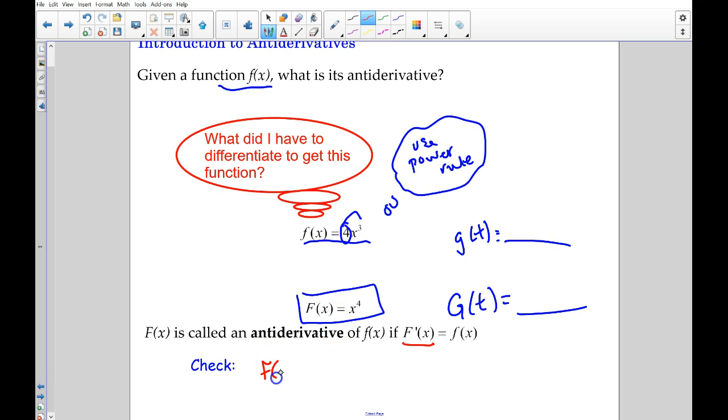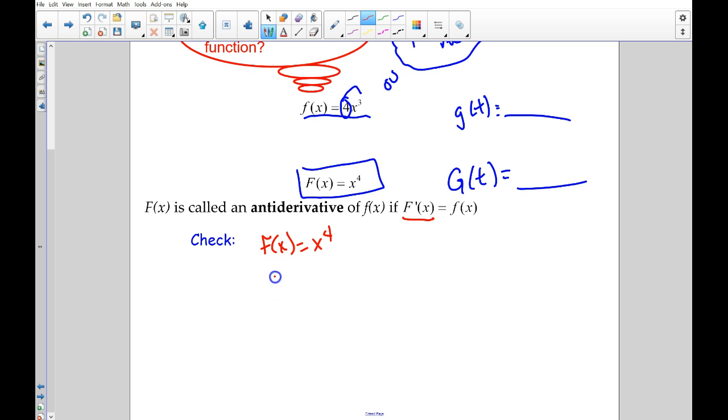So f of x we said was x to the fourth, and to check that this is indeed the antiderivative, I want to compute f prime of x, the derivative of this. If I differentiate this, then via the power rule I get 4x cubed, which is precisely f of x. So my antiderivative here worked.